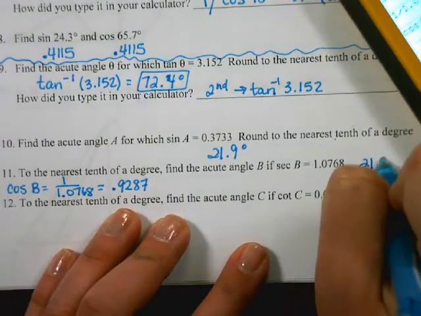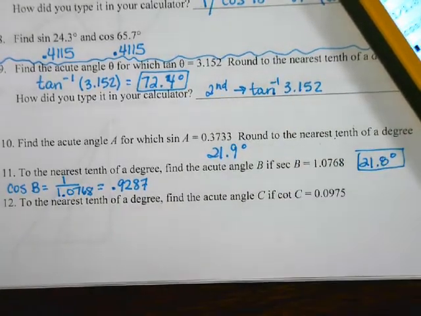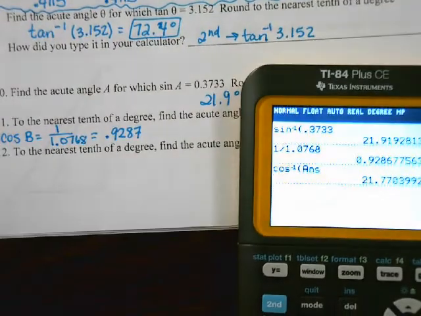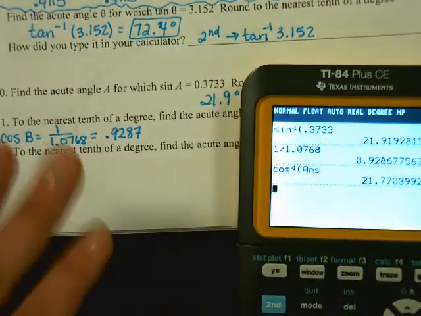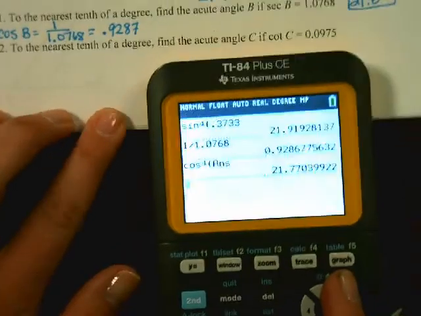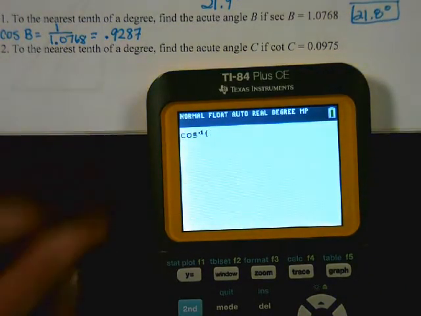Now, I'm going to show you how to type it in your calculator all at once. You ready? We know we should get 21.8, but let's see how to type it all in our calculator all at once. Here we go. I'm looking for an angle.